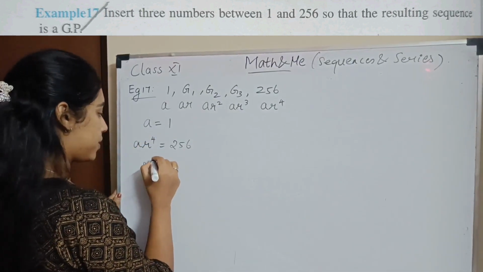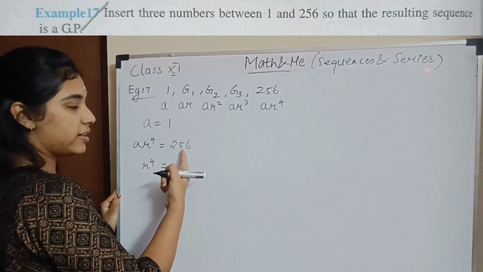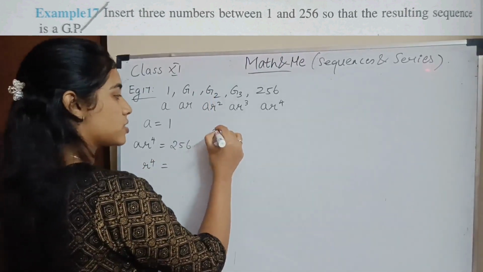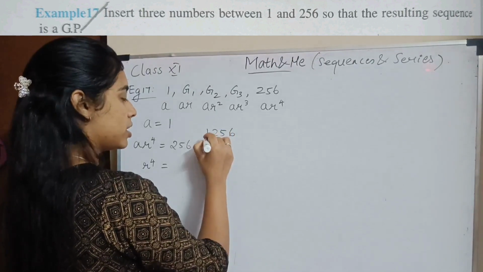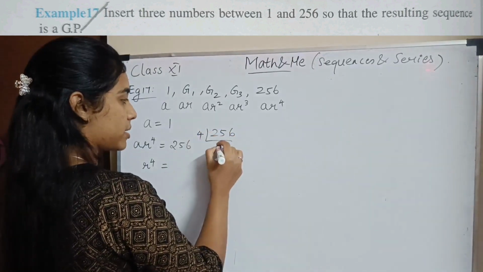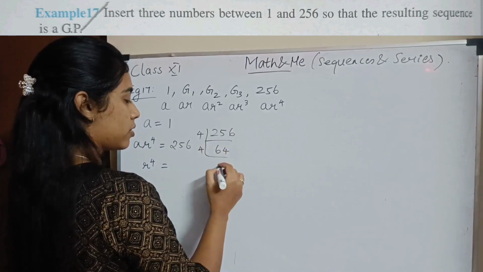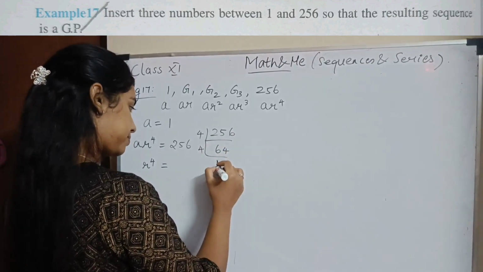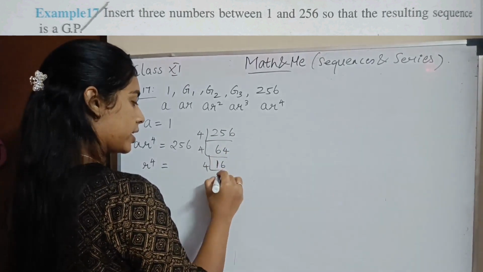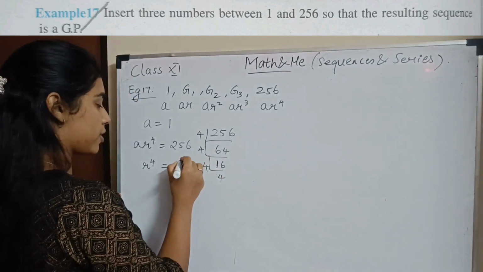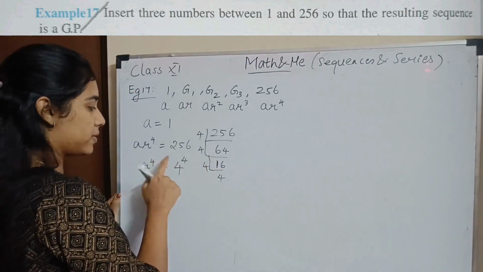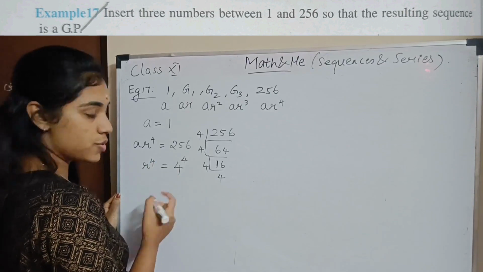So I'm substituting 1 for A. I have R power 4 equals 256. I need to write this to the power of 4, so let me do some prime factorization. 256 is 4 times 4 times 4 times 4. So what is it? 4 to the power 4. Since the powers are equal, the bases are also equal.